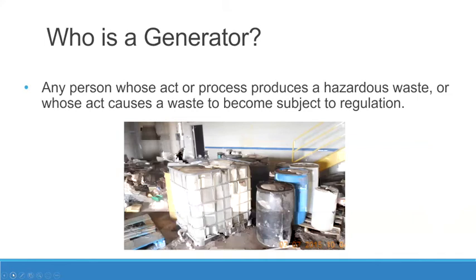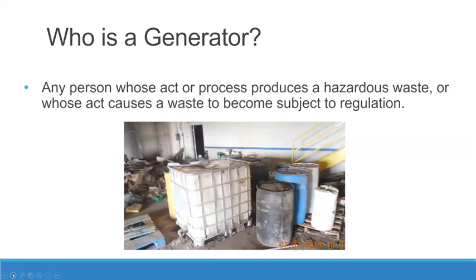Okay, who's a generator? As I mentioned, it's pretty much any facility or company that produces a hazardous waste, or an act that causes waste to become hazardous or subject to regulation. What does that second part mean? Well, for example, if we have a drum of material and there's a leak or a spill or some type of incident and it becomes a waste, that's going to generate a hazardous waste.